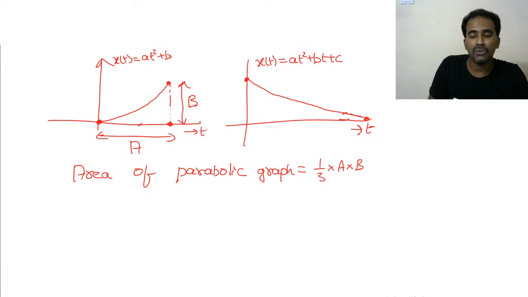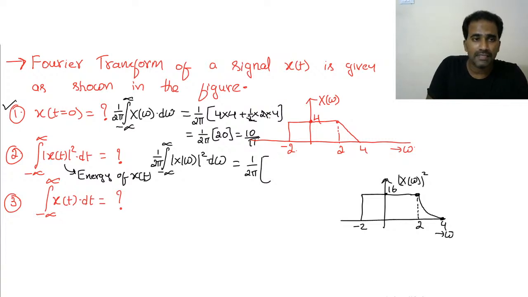Similar to the triangle formula, but this is not a triangle, this is a parabolic graph. For a triangle it is half into base into height, and for a parabolic it is 1 by 3 into base into maximum height. You can use this basic in the previous problem also. So let us use that.